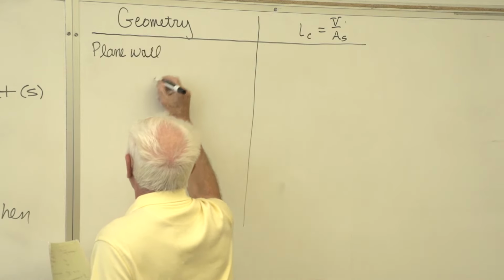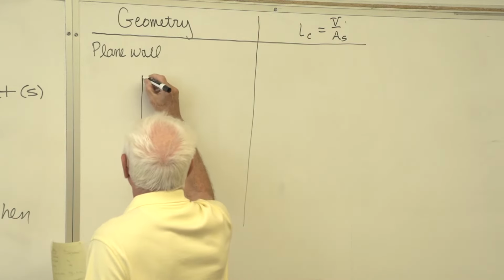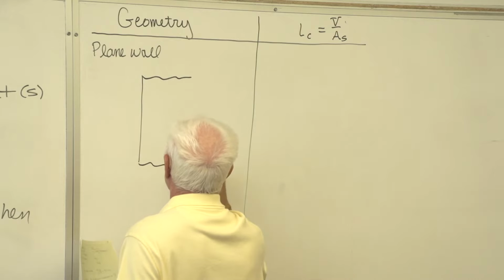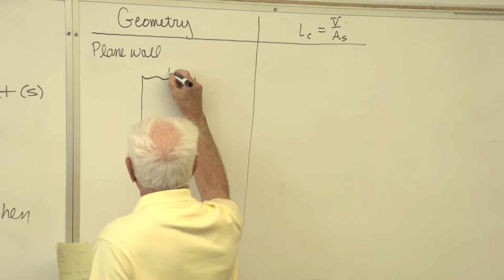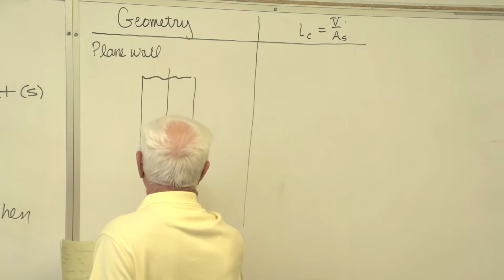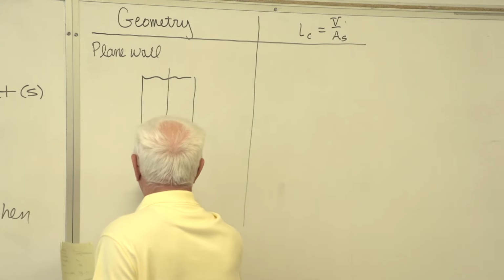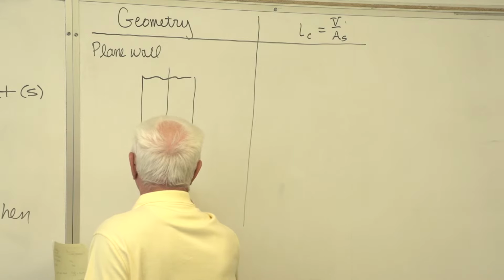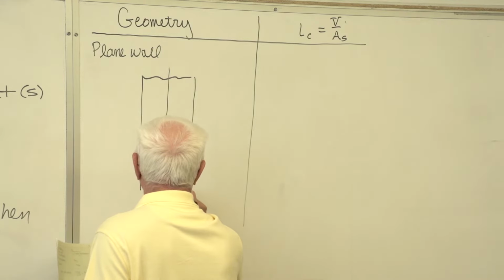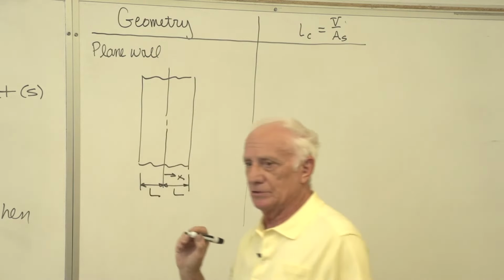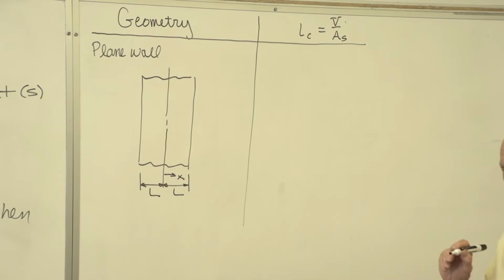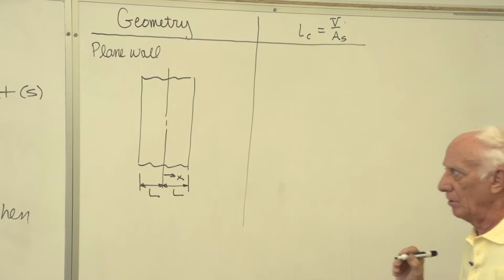This particular plane wall has convection on both sides. The wall is 2L thick. x is measured from the center line of the wall.